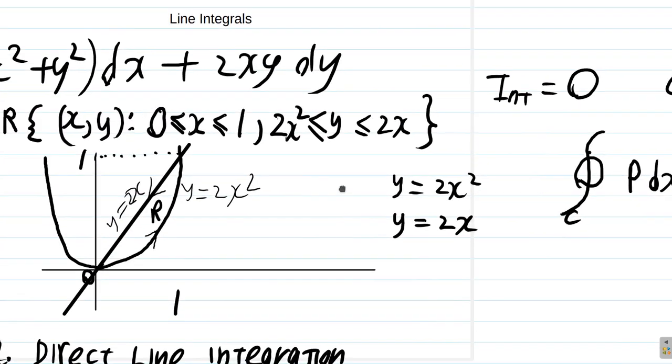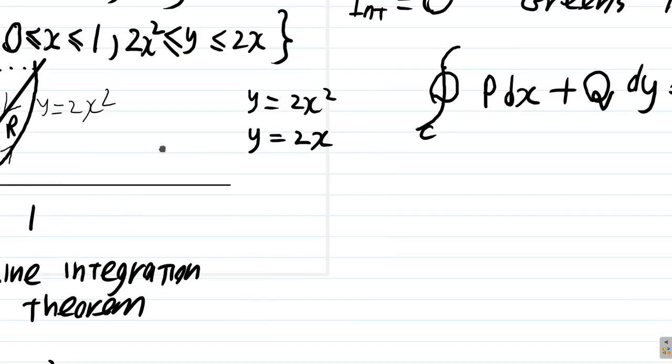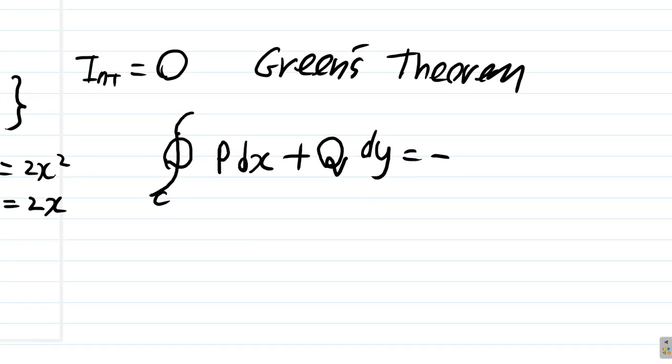Now remember, you must always have a negative, because in one case you're going, say for example, from left to right, and to close the curve you go from right back to left. Alright? So you have a negative. It's going to be a double integral, because it's like you're calculating an area. It's a double integral around the region R of.